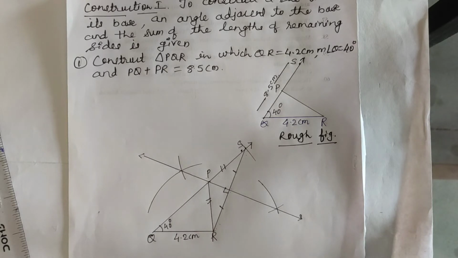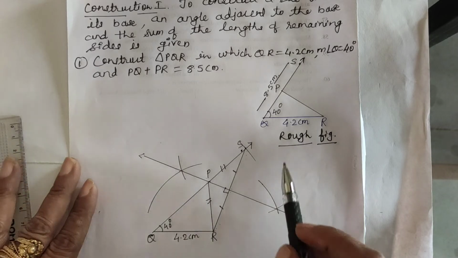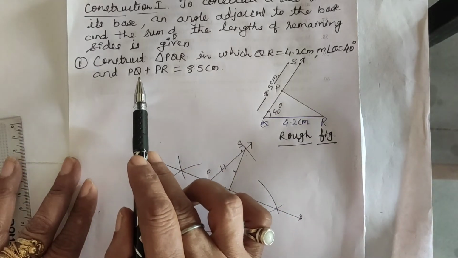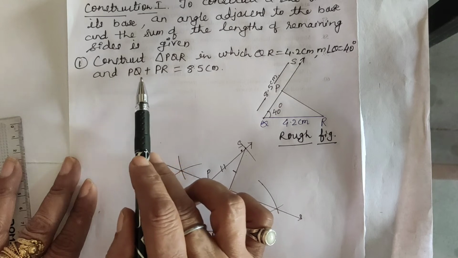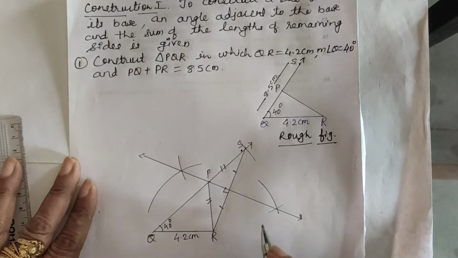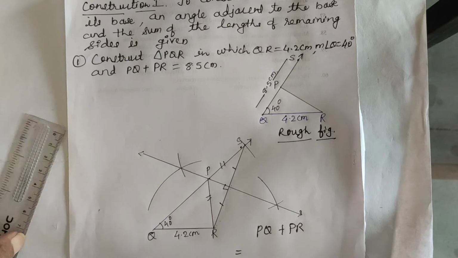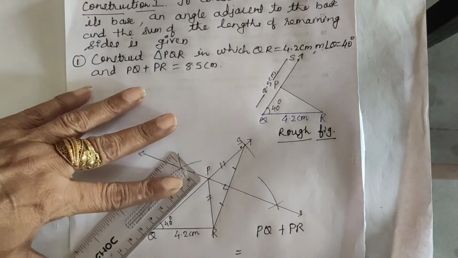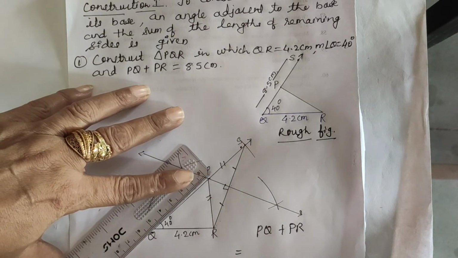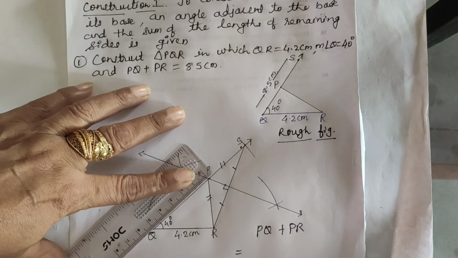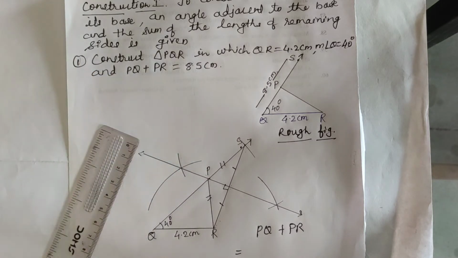And now let's, children, verify this, that we have given the sum of two sides as PQ plus PR is equal to 8.5. Let us see, PQ plus PR is equal to. Now you measure the length PQ with the help of the scale. I am getting 5.3. Whatever you are getting, you have to write.